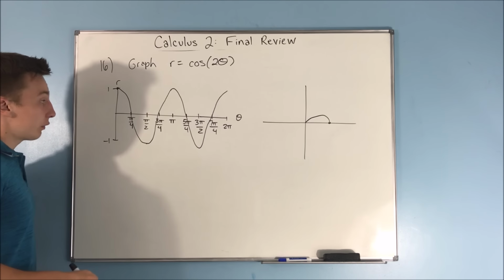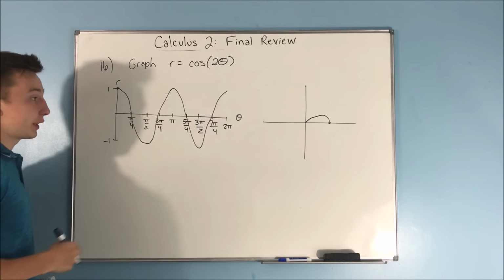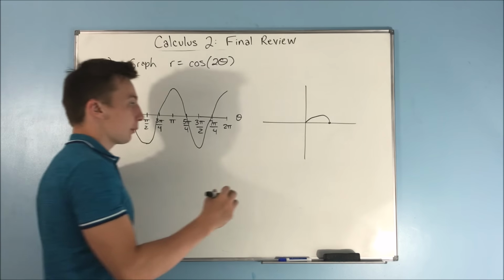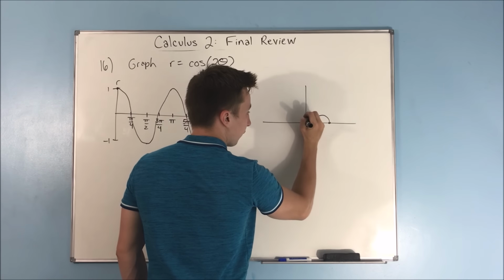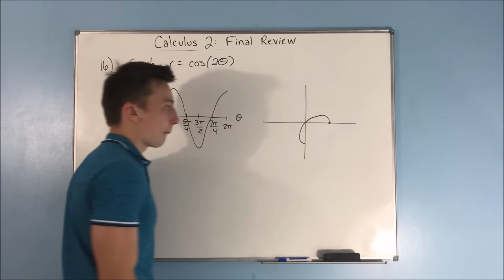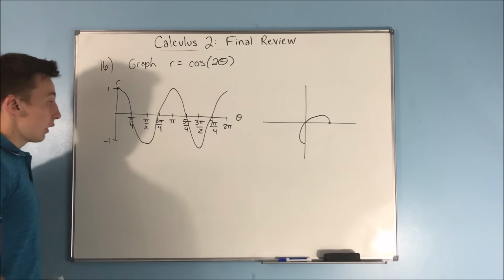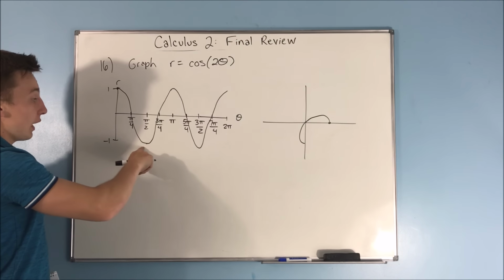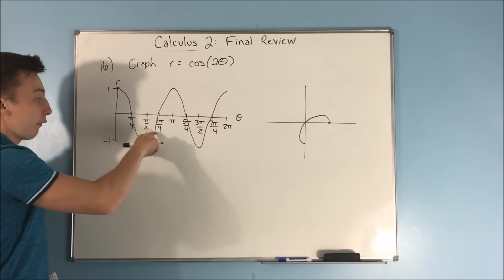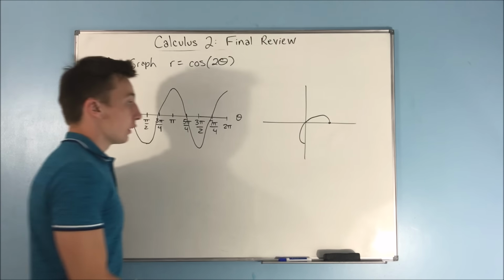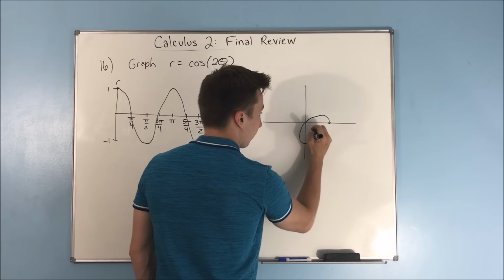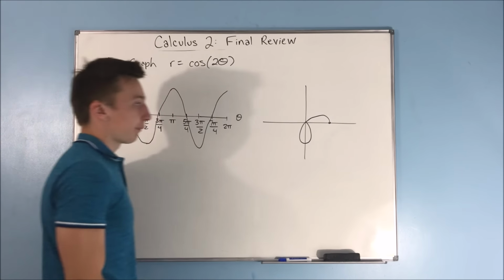Now, as we go to pi over 2, we're going in the negative direction now to -1. So what this ends up looking like is this. Next, we're in negative r, going from pi over 2 to 3 pi over 4. So what this looks like is this.